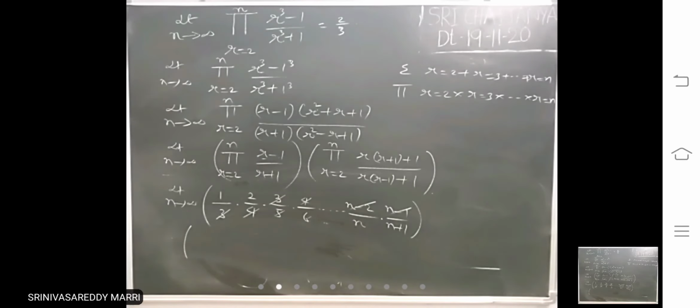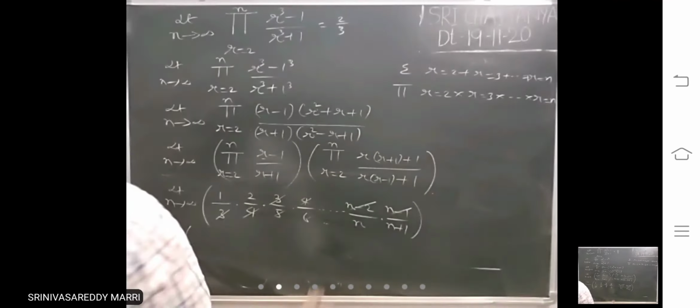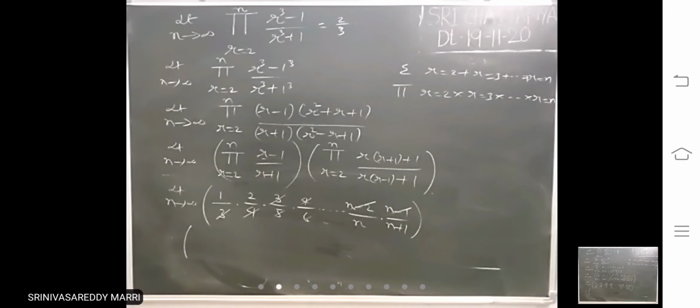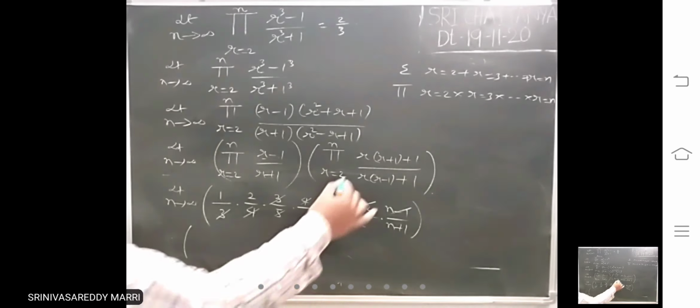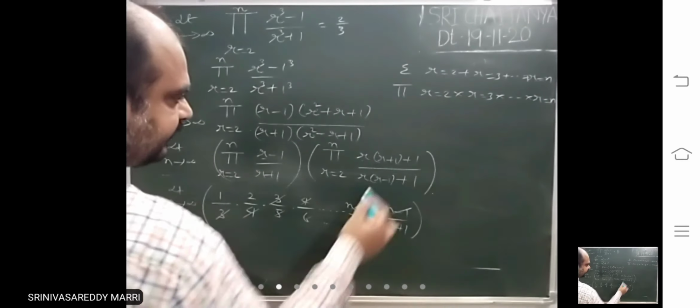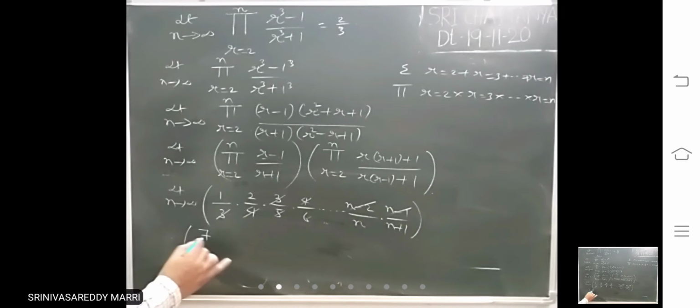In the second product, so what you will get? Substitute r equal to 2 here. R equal to 2 means 2 into 3, 6 plus 1, 7, divided by 3, into next, r equal to 3.